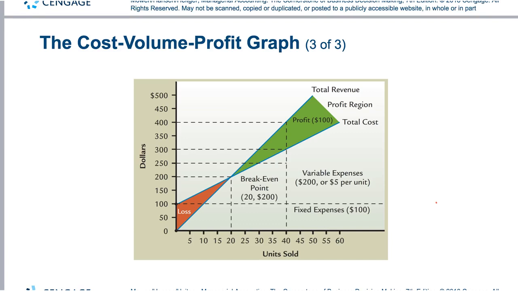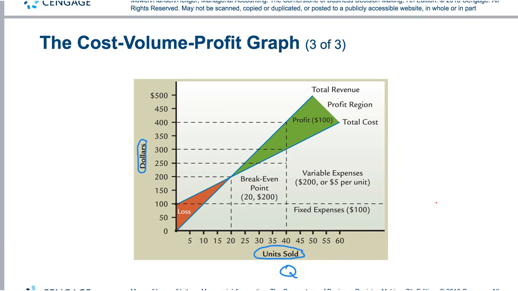We have units sold on the horizontal axis, right? So just like in economics, this is Q. And here we have our dollars, right? So this is not revenue or expense, it's both, right?